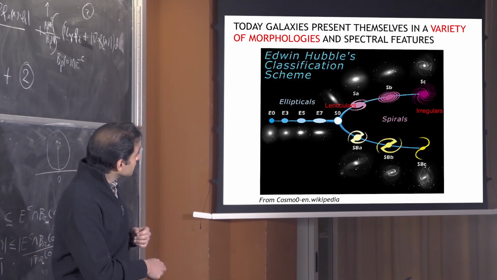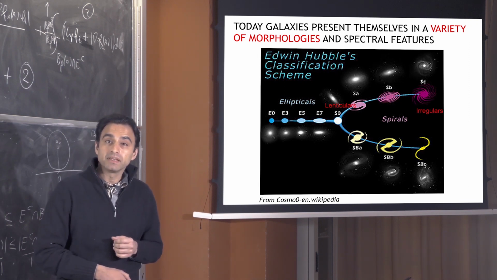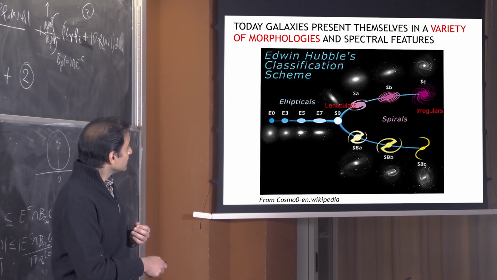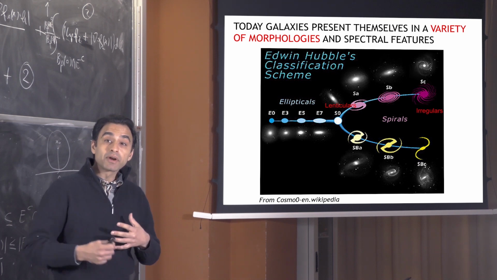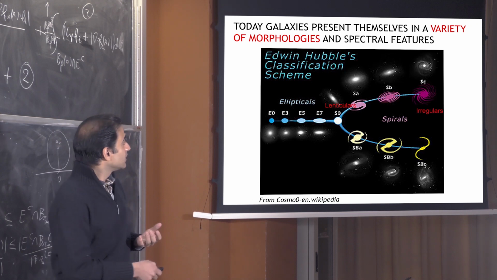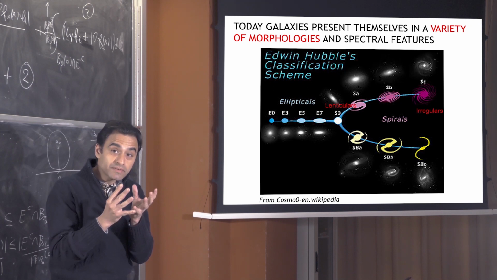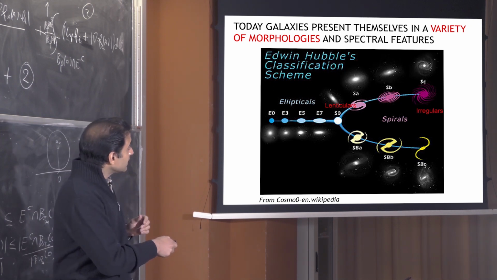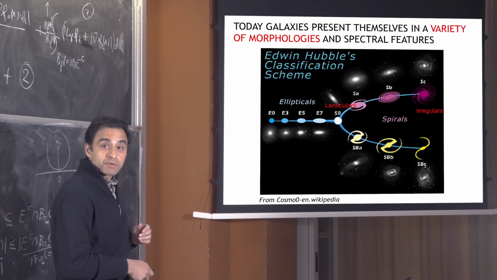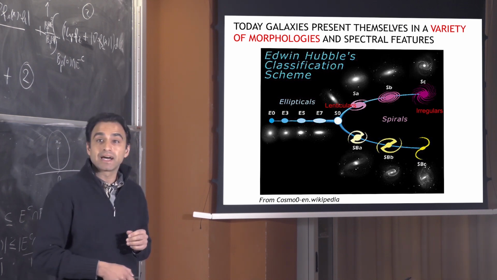After lenticulars, you will find another type of family that is called spirals. Spirals are called this way because they are characterized by spiral arms. Our own Milky Way galaxy is, in fact, a spiral galaxy, which is composed of a small bulge at the center, a stellar bulge, surrounded by a number of spiral arms. You can see over here this tuning fork characterizing two types of spiral galaxies.